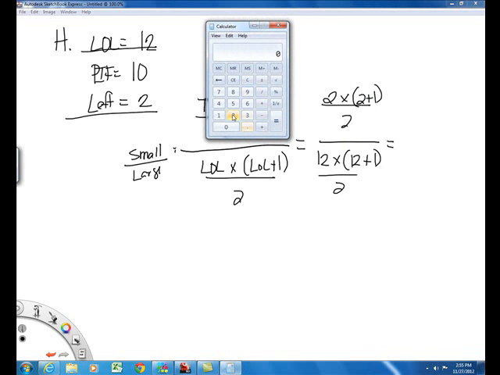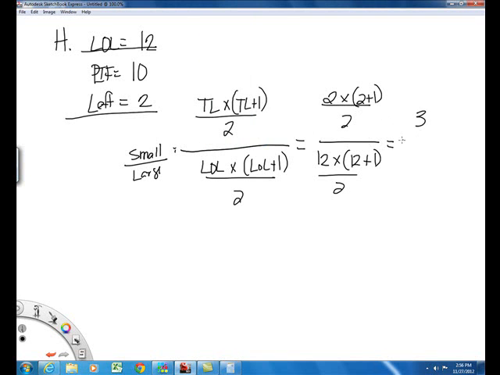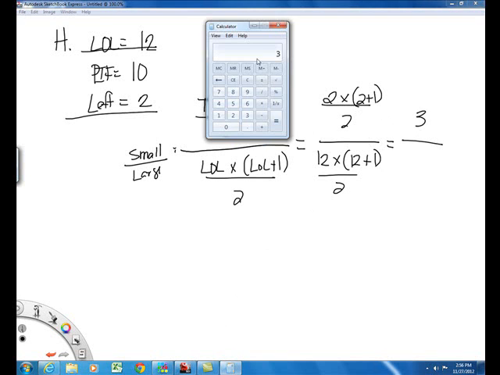So my rebate fraction is going to be 2 times 3 divided by 2, and the bottom will be 12 times 13 divided by 2.